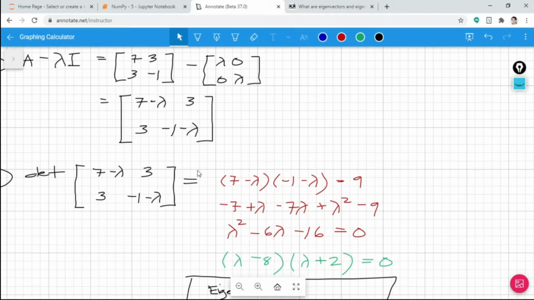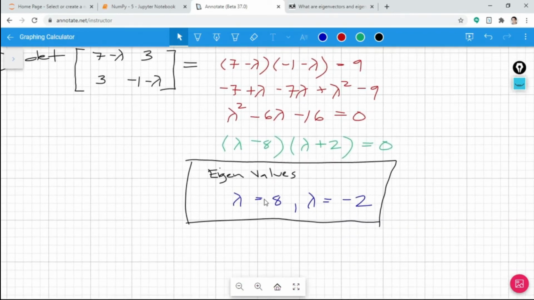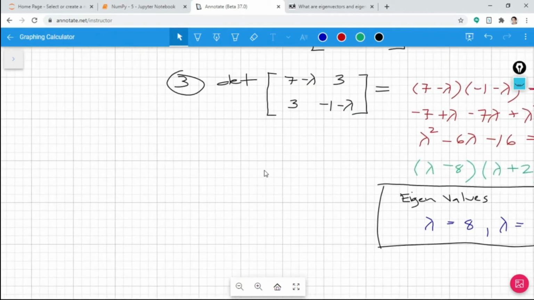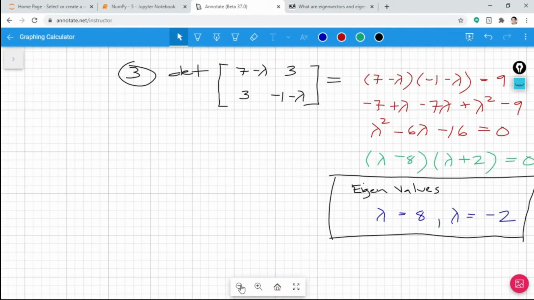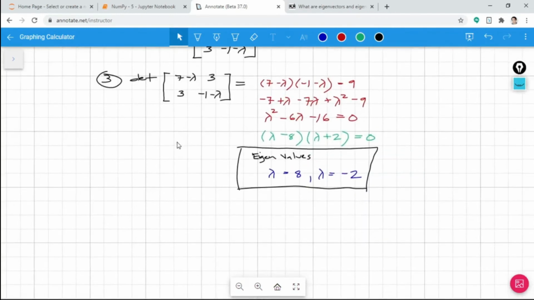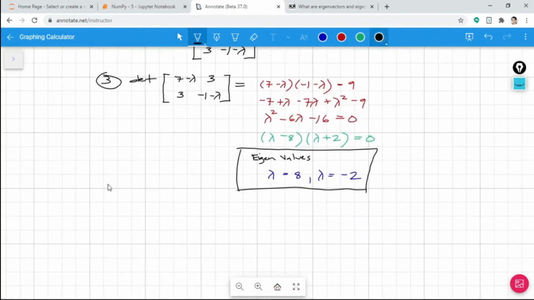So let's compute first the eigenvectors of 8. Let me zoom out. I think this is step number 4, where you compute for the eigenvalues. So the 5th step is to substitute this one to this one.